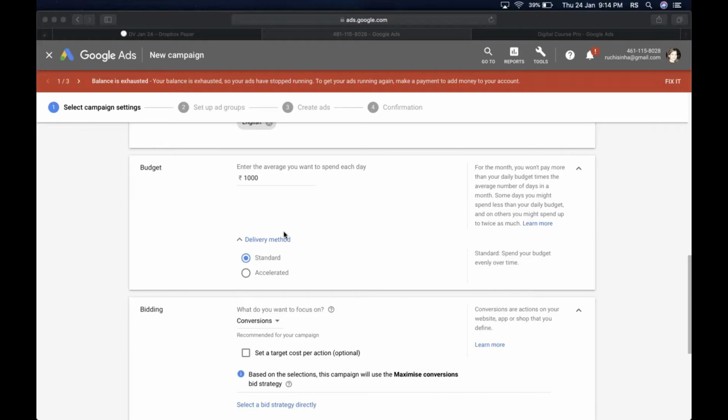I will not be able to spend 1,000 rupees over the entire day, because that may be too little. So on standard delivery they will show your ad right now, and again after a few searches. Every search, every auction, you will not be a part of. They will show your ad right now, you'll be part of an auction after some more searches, even when searches are happening around the keywords you are present on, you will not be part of that.